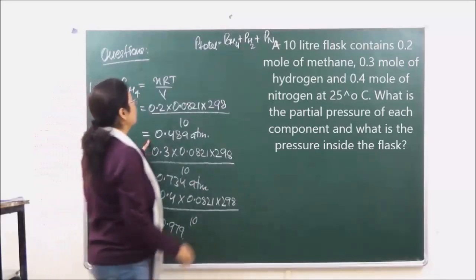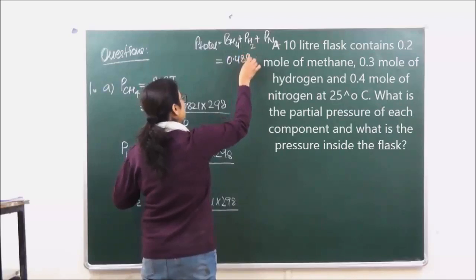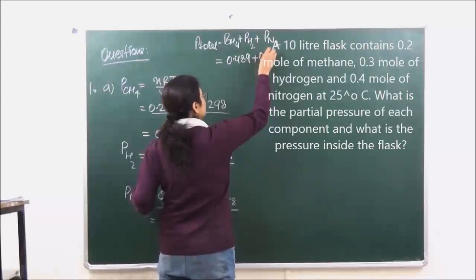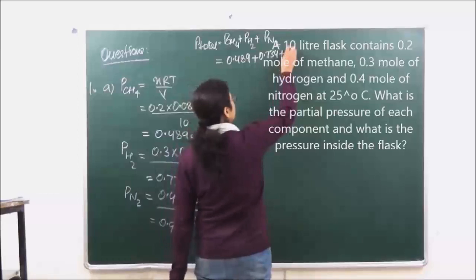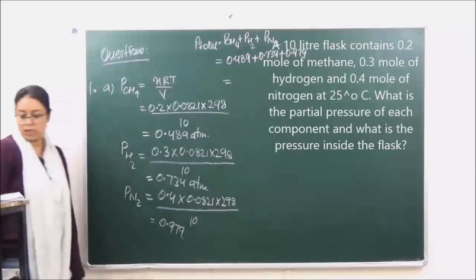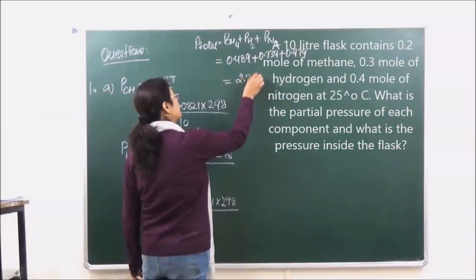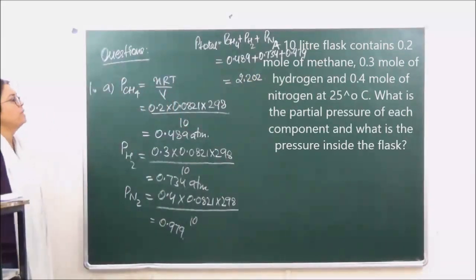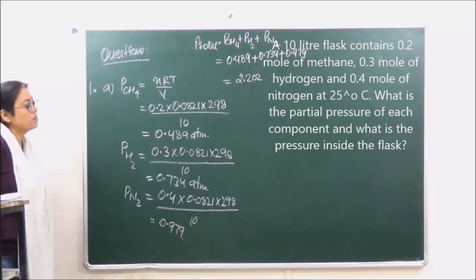So P of CH4 हमने कैलकुलेट करा है 0.489 प्लस P of H2 हमने कैलकुलेट करा है 0.734 and 0.979. P total calculated is coming to 2.202 atmosphere. Got it? So this is how, this is a simple question.